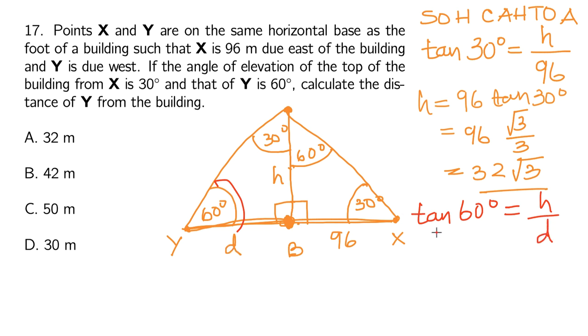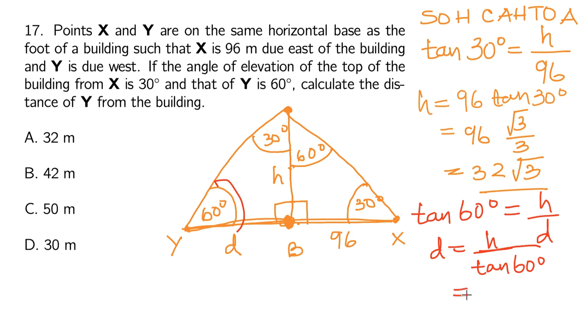We know that the tangent of 60 degrees is the square root of 3. But let me just rearrange so that we have D on the left. So D equals H over the tangent of 60 degrees.